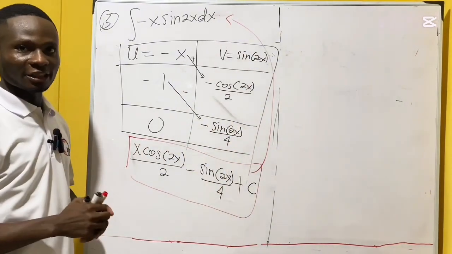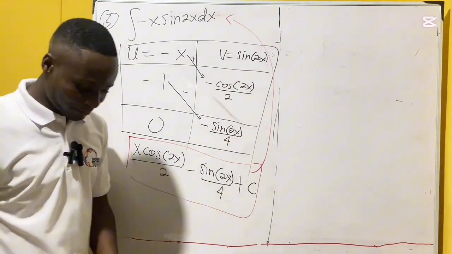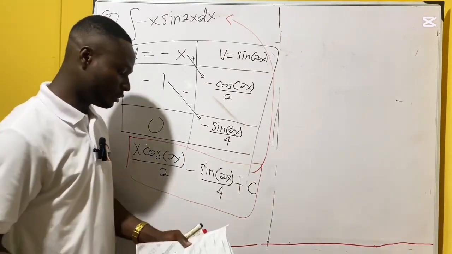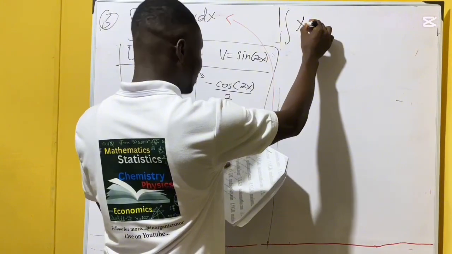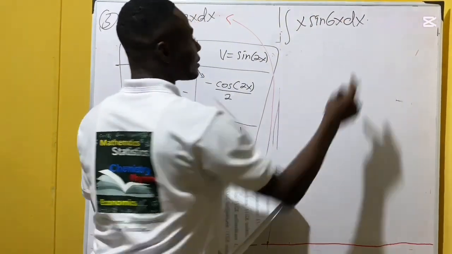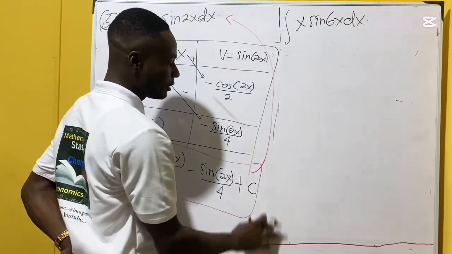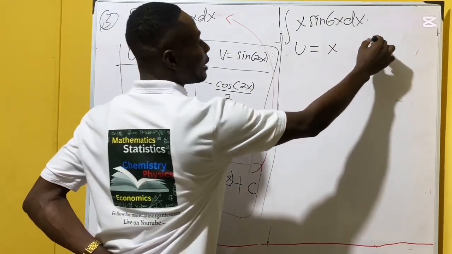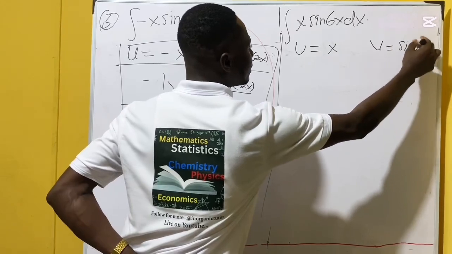You see how fast the tabular approach is. So interesting. Let's look at the fourth problem. All right. Our fourth problem is going to be x sine 6x dx, right? So we know right here that our u is equal to x and our v is equal to sine 6x, right?